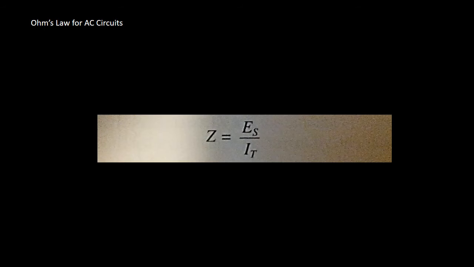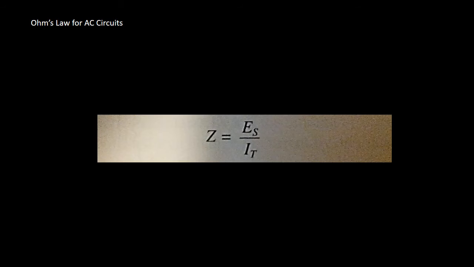If the resistance is much larger than the reactance, the lag will be closer to 90 degrees. In the parallel RL circuit, we do not find impedance through a vector sum. Instead, we apply Ohm's law, which is shown on the screen as Z equals ES divided by IT.